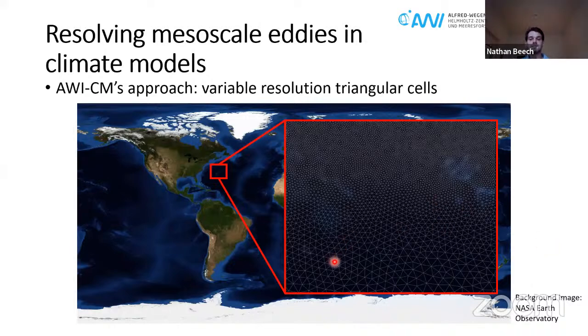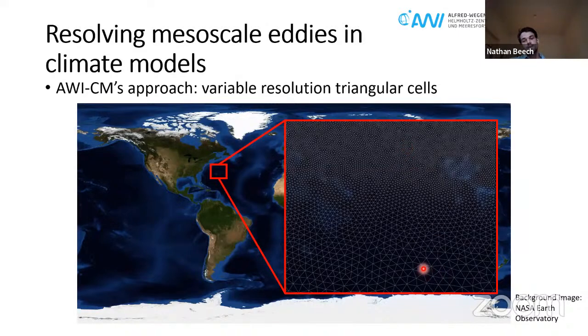And so here you can see a zoomed in version of the ocean grid from AWI-CM. And you can see that the triangular cells near the bottom of this zoomed in portion are larger than the ones at the top. And so we can vary the resolution of the grid based on where we need a higher resolution.